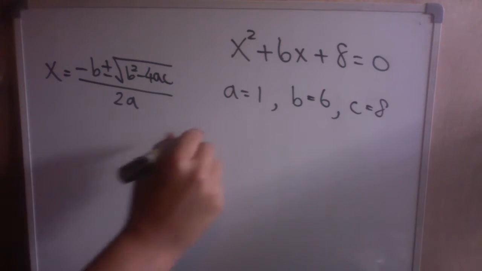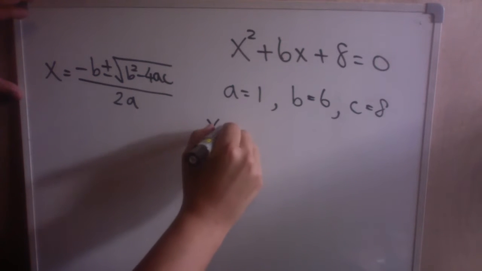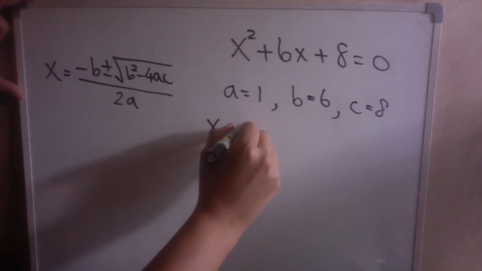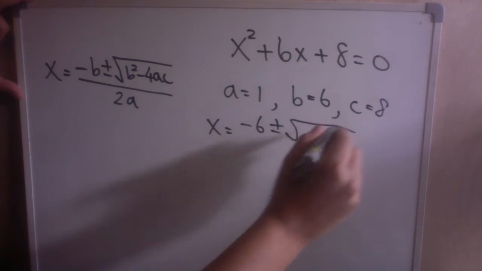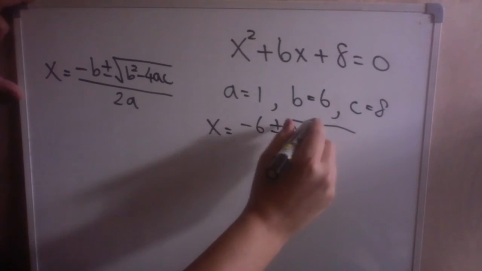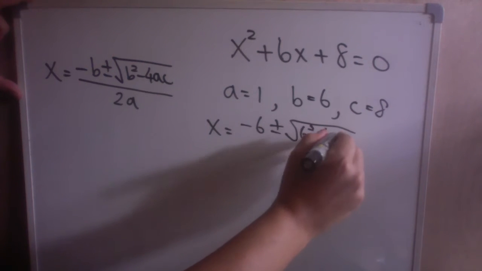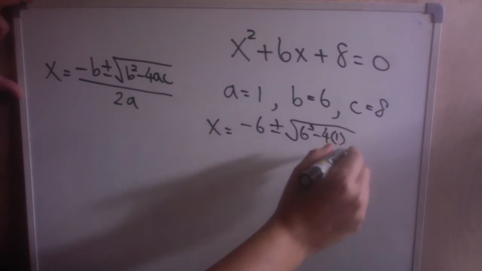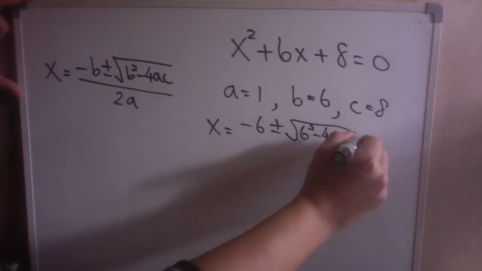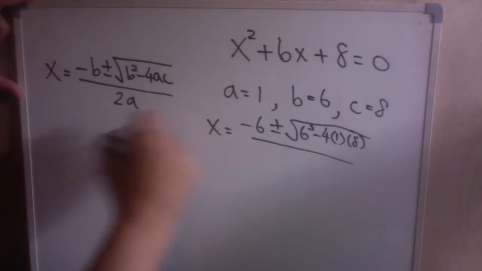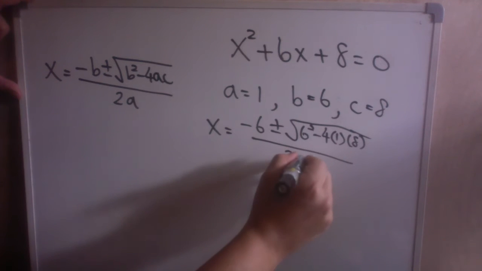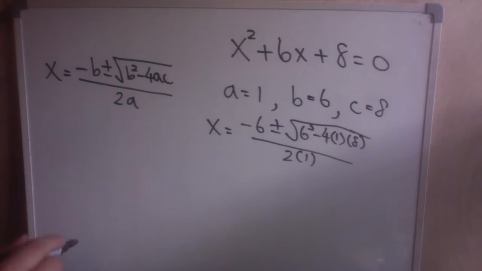So x then is equal to negative 6 plus and minus the square root of 6 squared minus 4 times a is 1 and c is 8, over 2 times a equals 1, so 2 times 1.